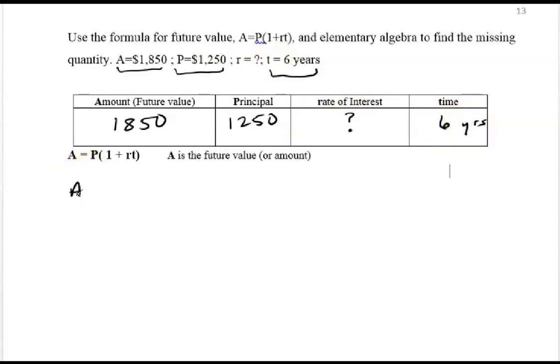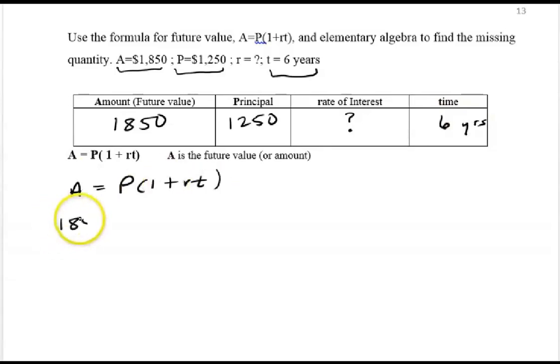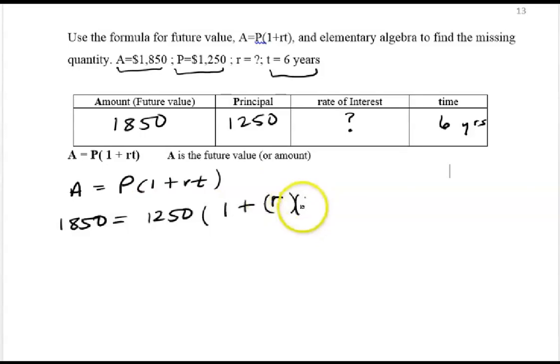So let's input what we have into the formula. We have our 1850 equals 1250, parenthesis 1 plus R times 6, and we'll close in those parentheses.